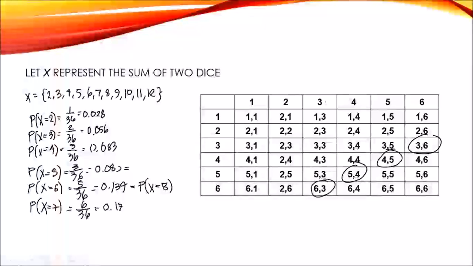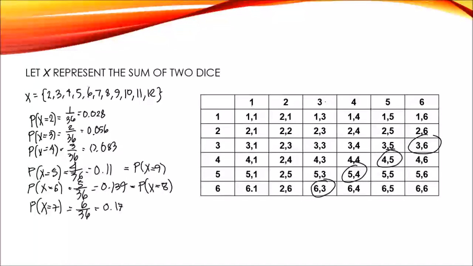Sorry, I computed it wrong, it should be 4. So 4 over 36 is equivalent to 0.11. This is the probability for our sum equal to 9.